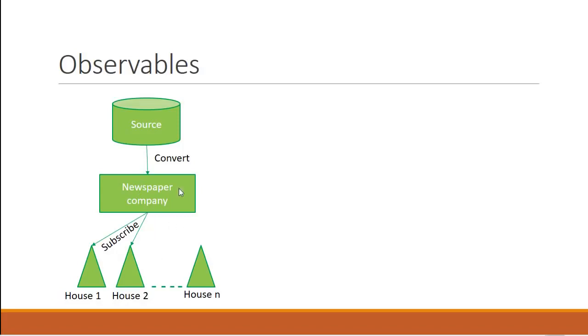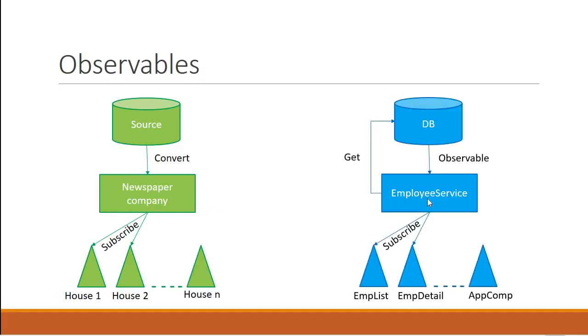So now that we have understood this basic example, let's see how we can relate this to observables in the application we are working with. The newspaper company is like the employee service in our application. The source of information is nothing but a database or a web API or a web service.